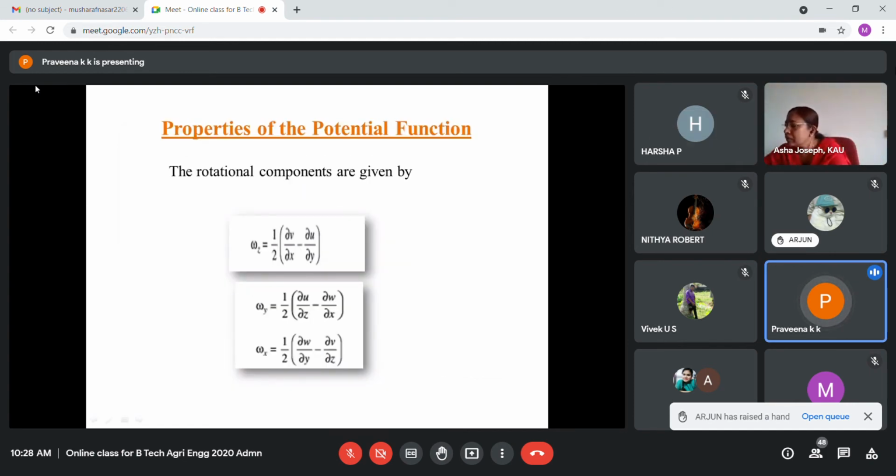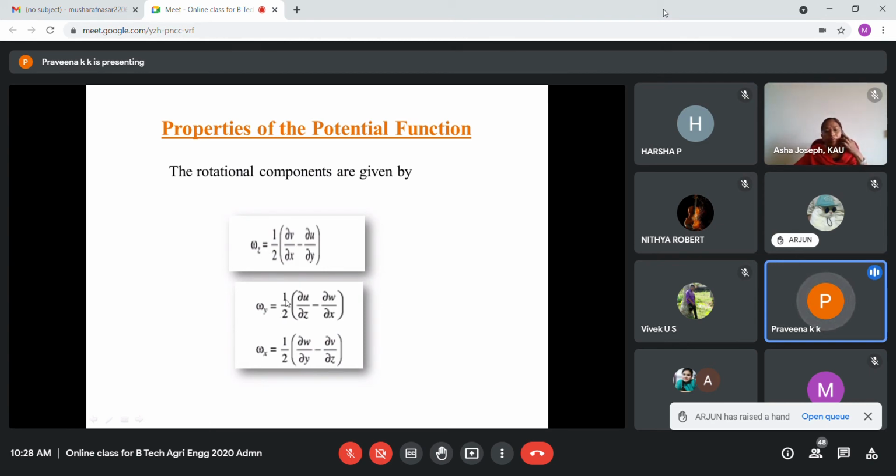Now the next portion is the properties of the potential function. The rotational components are given by omega z equal to 1 by 2 of dou v by dou x minus dou u by dou y.